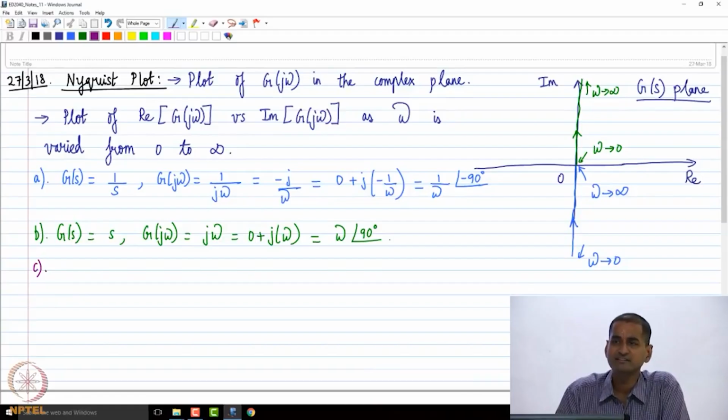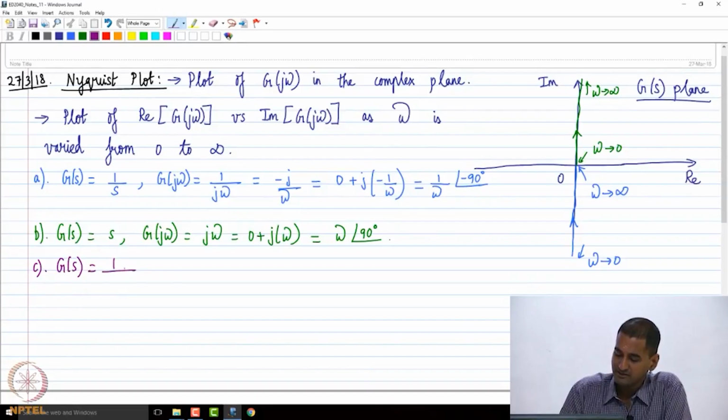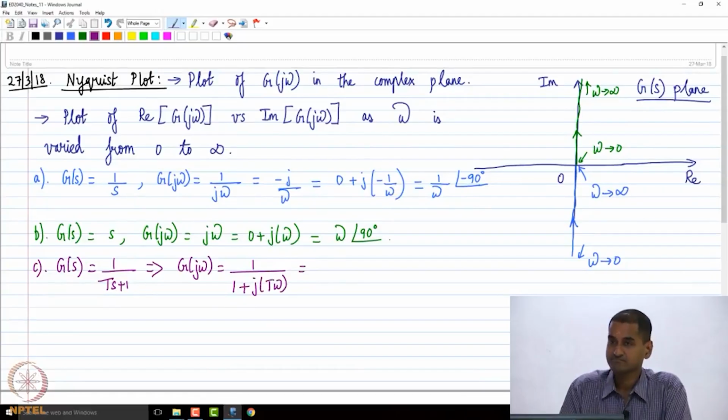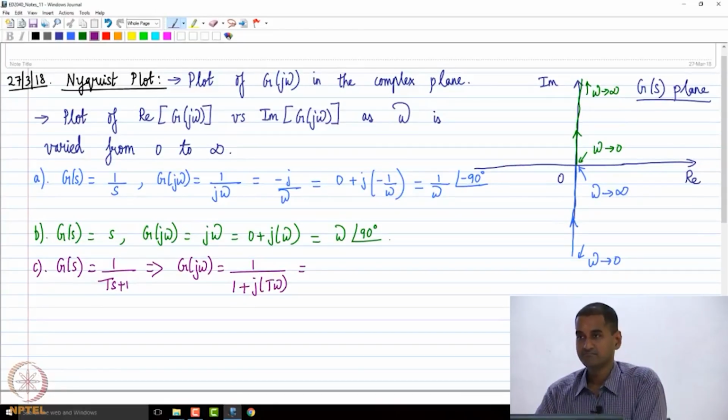So what is the next factor that we considered? G of s is 1 divided by Ts plus 1, right? So this I can rewrite if I want to figure out the sinusoidal transfer function. This can be written as 1 divided by 1 plus j times T omega, right? Correct?